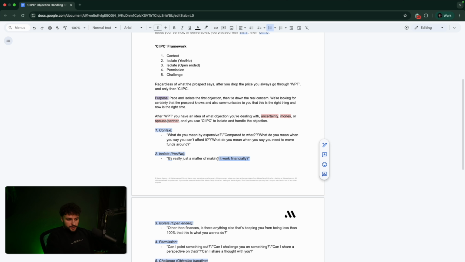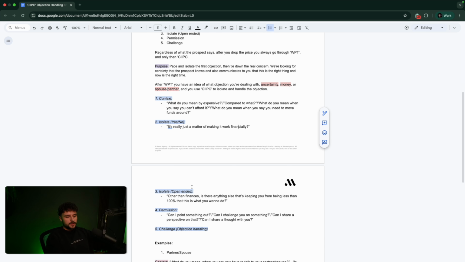So let's just say they say yes. It's really just a matter of making it work financially for you, right? Yes. Okay, cool. So we go into the open-ended isolation question. Other than finances, is there anything else keeping you from being 100% certain that this is what you want to do? Again, they can answer with no, yes, or anything.